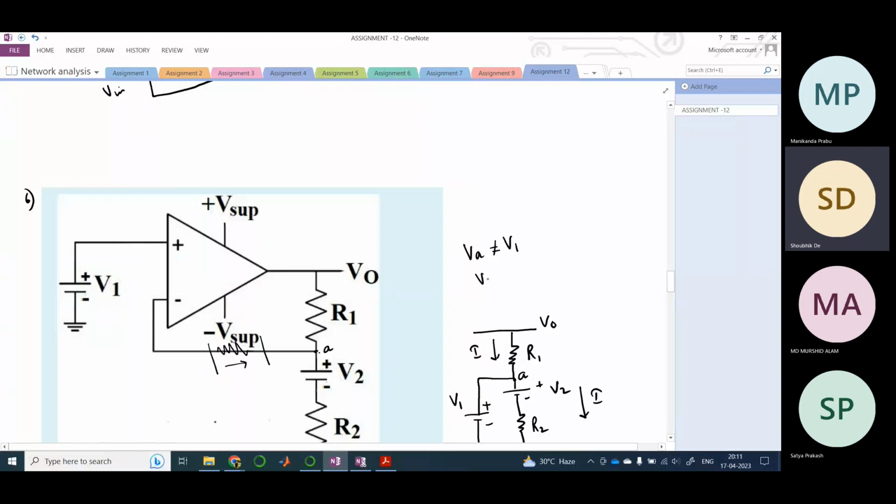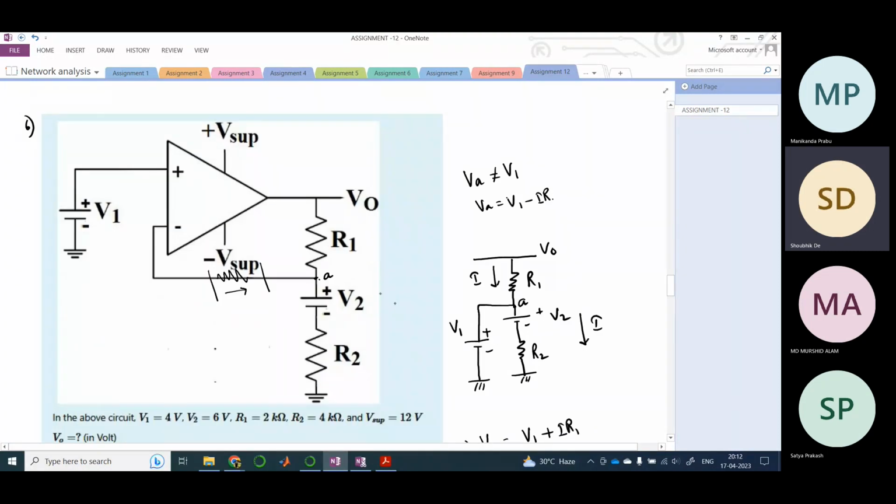It would be something like VA minus the drop across this resistor. So in that case, this resistance would pop up here, and then there would be another current flowing through this, and then you need to calculate V0 accordingly.